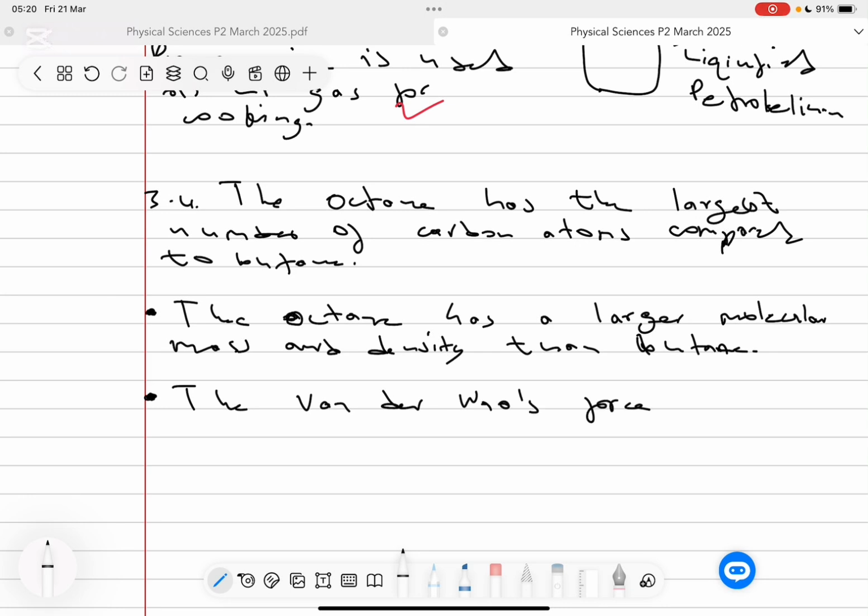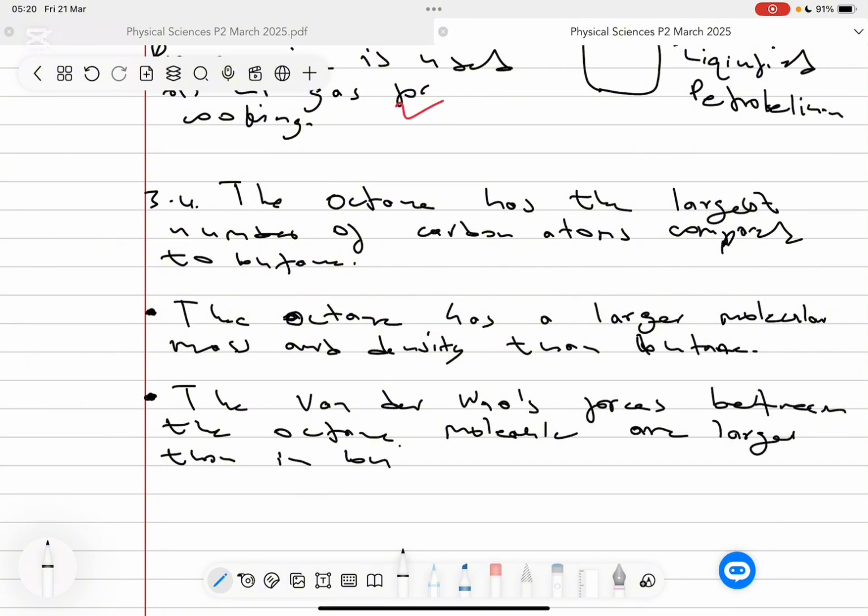these are the forces between bonds, the intermolecular forces, sometimes we call them, that are between the octane molecules, are also larger than in butane molecules.